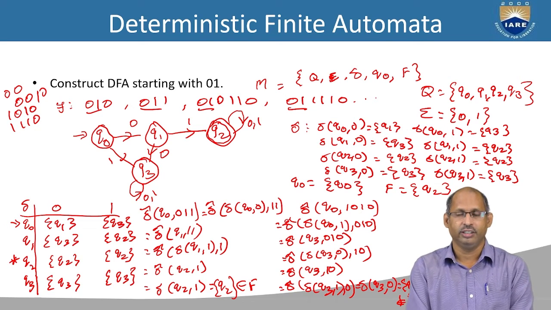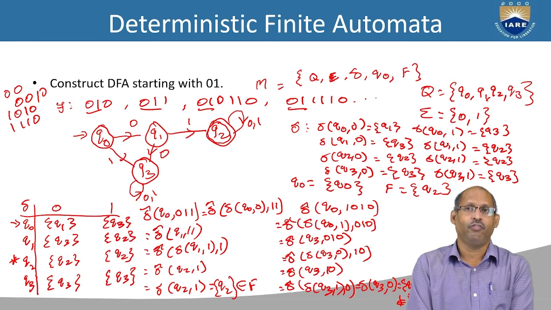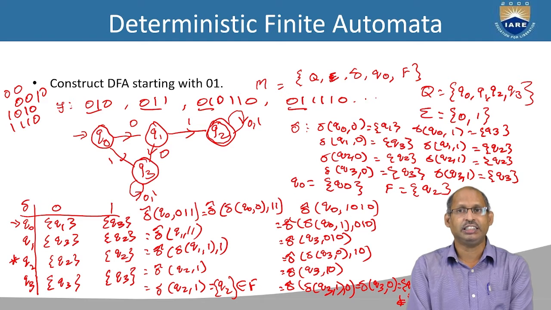Okay, is it clear? One string is accepted since it reaches the final state Q2 after reading the input symbols 0, 1, 1.